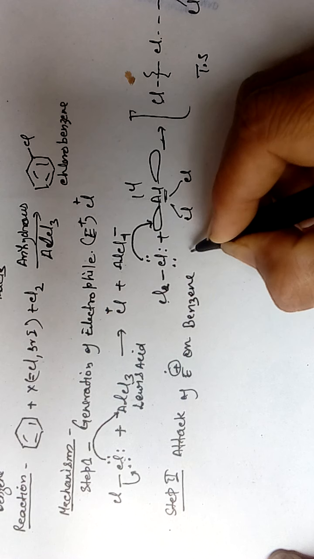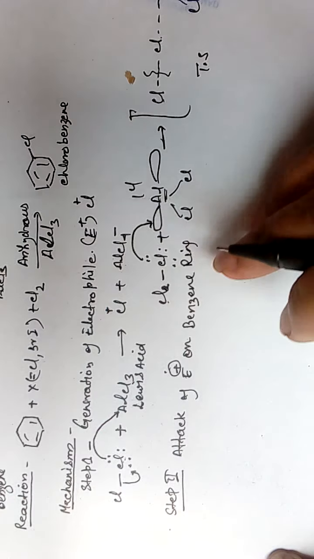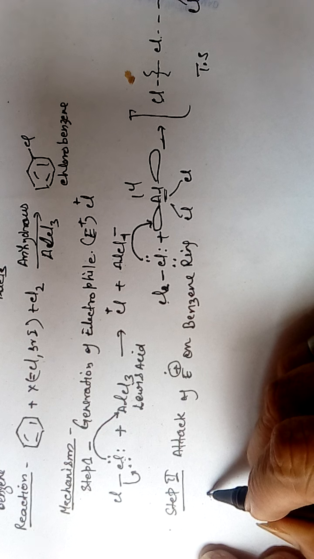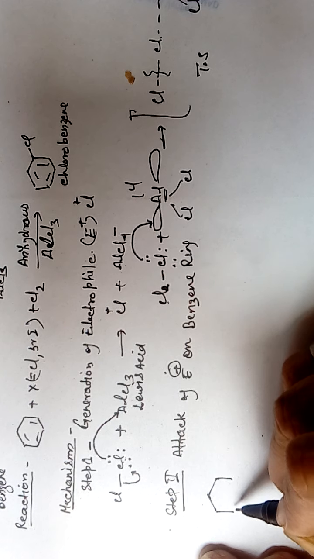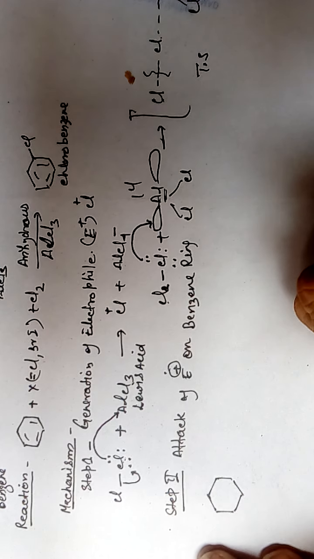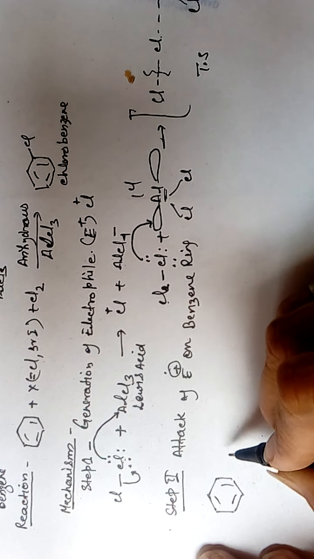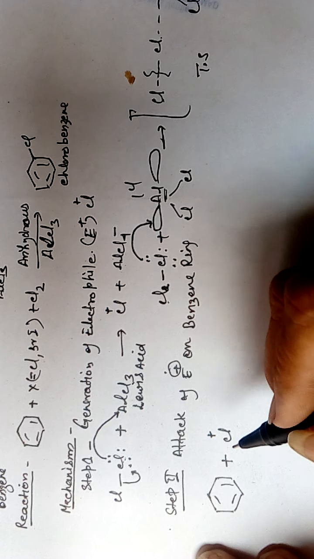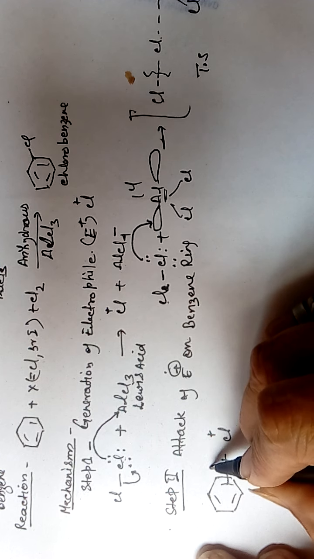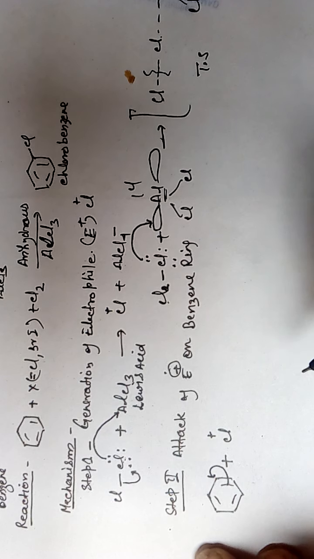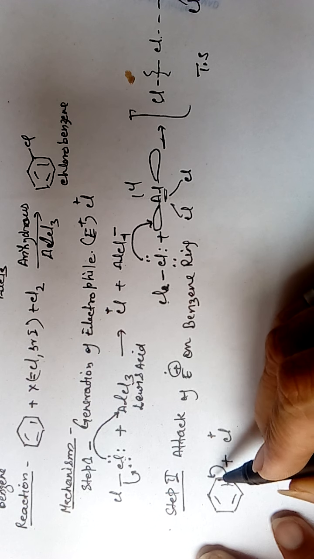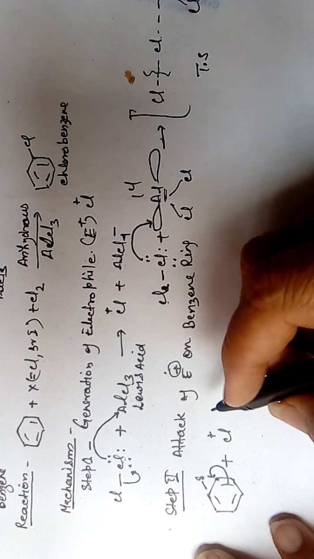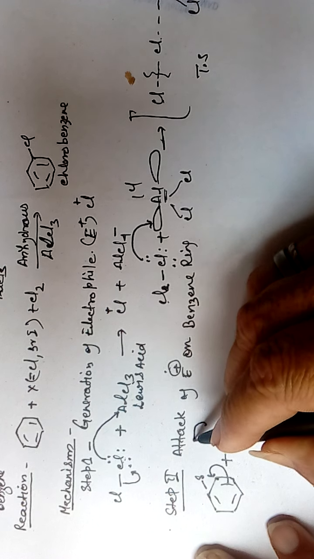Here the electrophile is Cl positive. This is benzene, and when the electrophile comes in contact with this benzene, the pi electrons shift from here. This carbon gets a positive charge and this carbon gets a delta negative charge. Simultaneously, the electrophile attacks this carbon and joins with benzene.